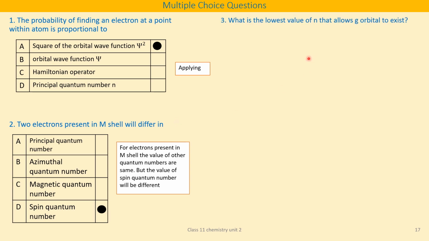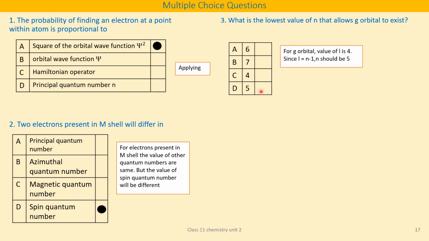Next question. What is the lowest value of n that allows g orbital to exist? Option A 6, option B 7, option C 4 and option D 5. You please pause the video, think over and mark the correct answer and I will give the clarifications. For g orbital, value of l is 4.